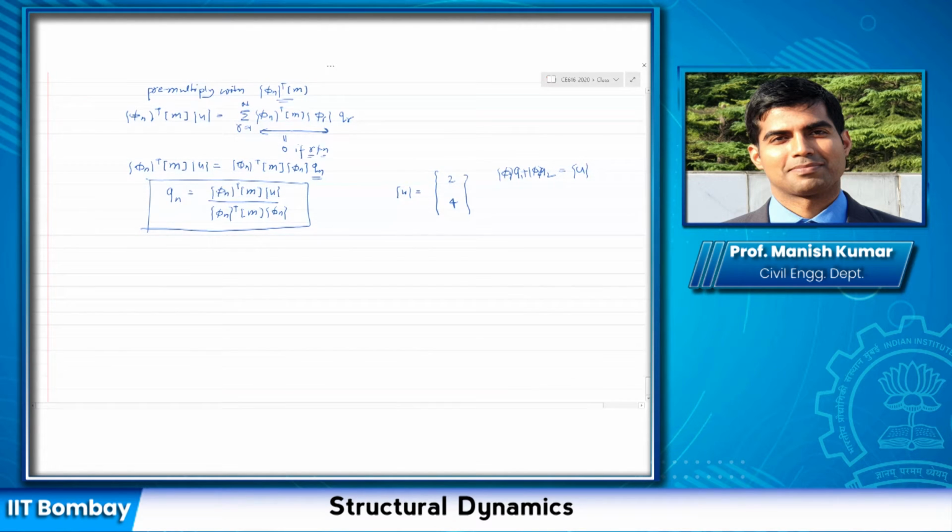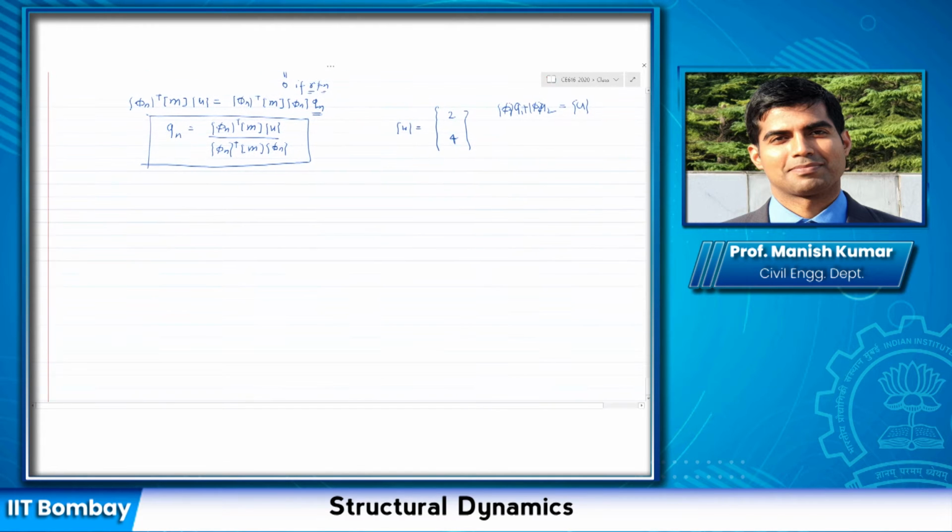Any doubt up to this point? Remember we said that the total response would be some factor times the first mode plus some factor times the second mode and so on. We know the mode shapes. The problem was I did not know what these factors were. If somehow I can get these factors, I can get my total response.